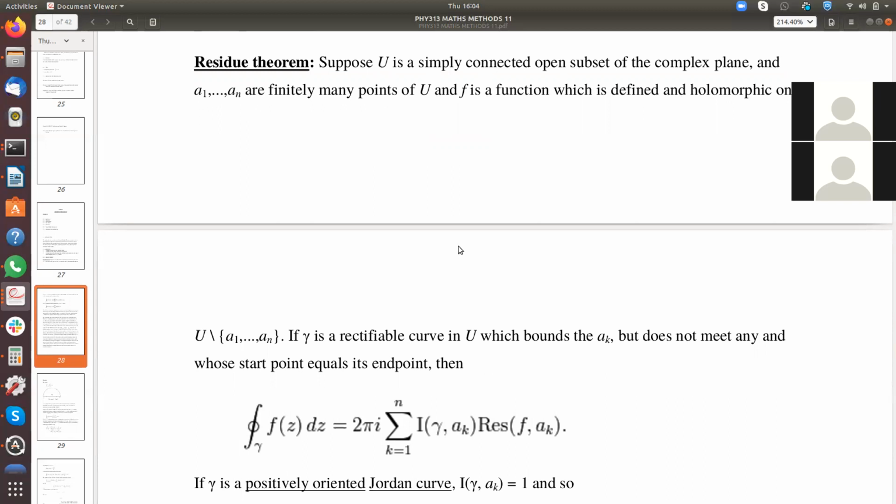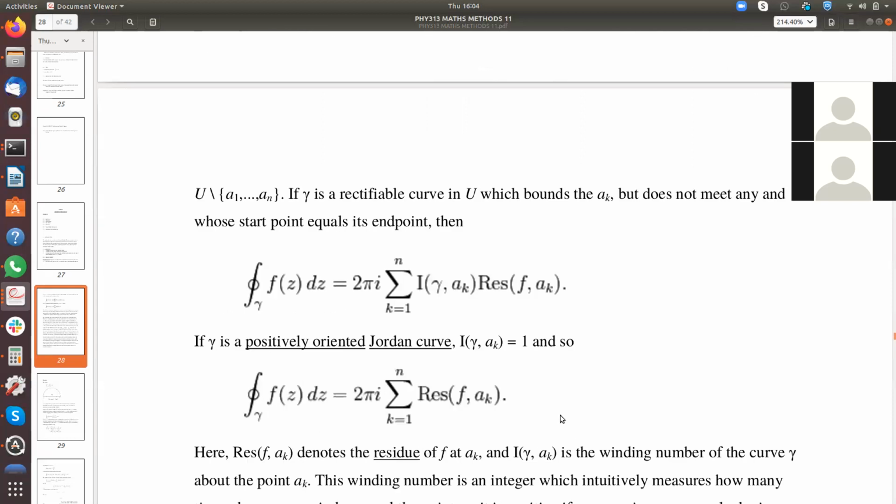then we can write the closed integral, the integral with the circle inside, over gamma of f(z) dz as 2 pi i times the summation from k equals 1 to n of I(gamma, a_k) times the residue of f at a_k.